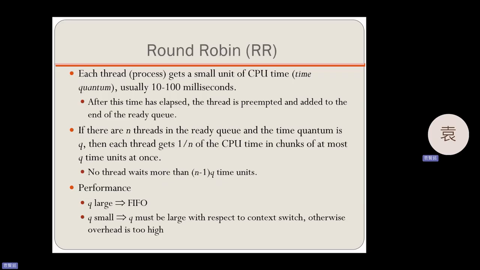So in general, we require the context switch overhead to be within 5% or 10% of the time quantum. If q is small, then it looks like a time sharing system, where every process gets 1/n of the CPU time, fairly.